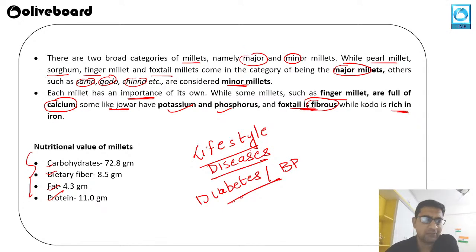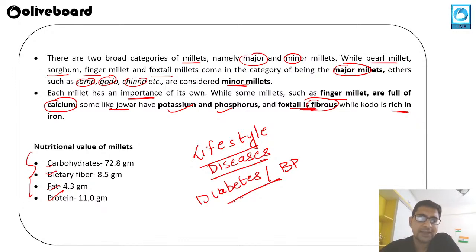Every day we don't have proper fiber. We do not eat proper proteins, and we are taking huge carbs, and our lifestyle has totally gone out of the way. Some people are living in a proper way, but I'm just talking about most of the world. So millets are one of the things which can create a huge impact on your lifestyle, and even protect you from various diseases, because these are highly rich in various types of minerals which are required by the body, which we are not providing.